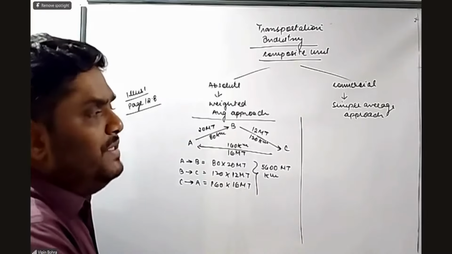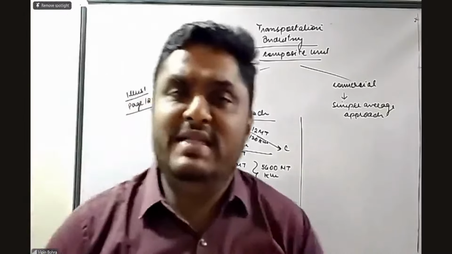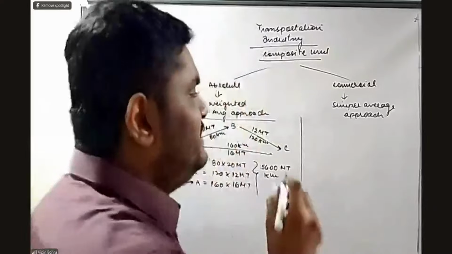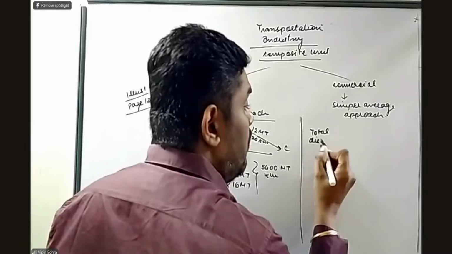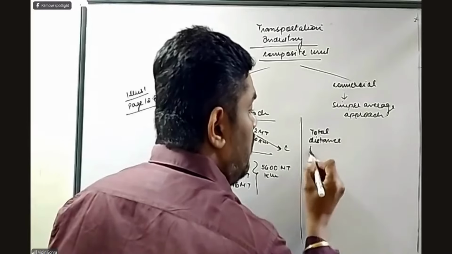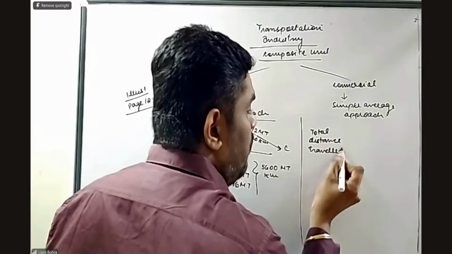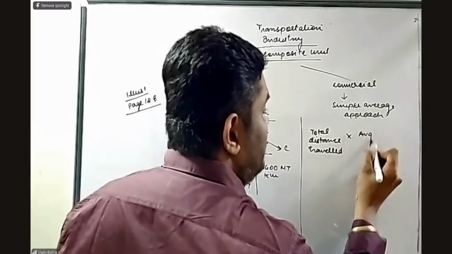Now when talking about the simple average approach, it's very simple. The total distance traveled multiplied by average tons.